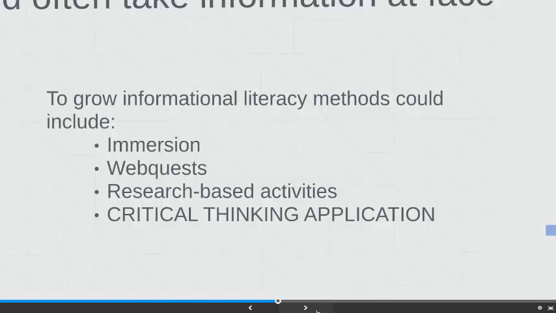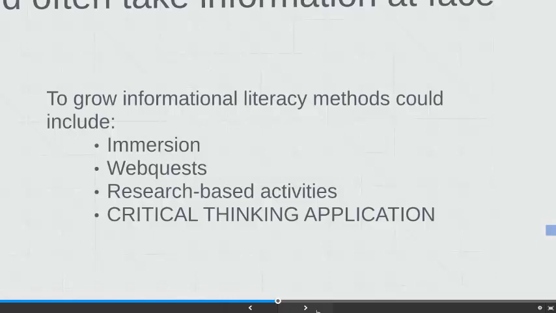Two, I'm a big fan of web quests and also research-based activities. But anything you do has to have a critical thinking application. Students should be actively reviewing and critiquing the websites they're getting their information from. Simply telling them that .com is bad and .org is good and .edu is good, no, that goes beyond that.